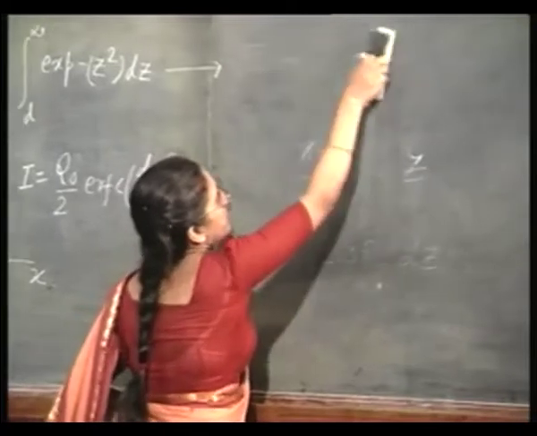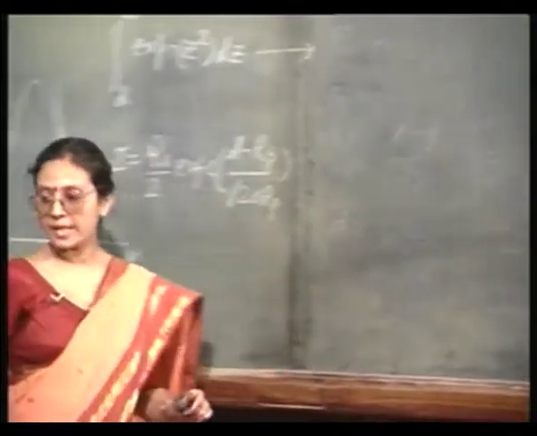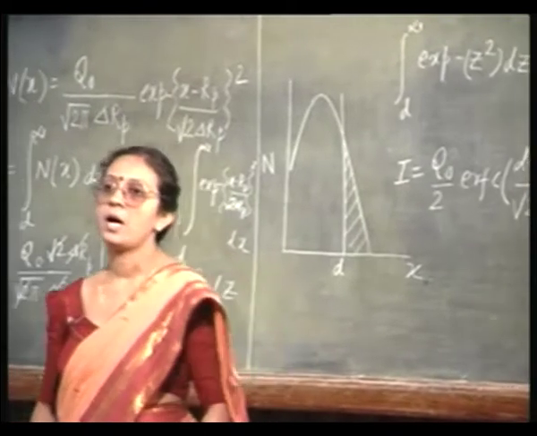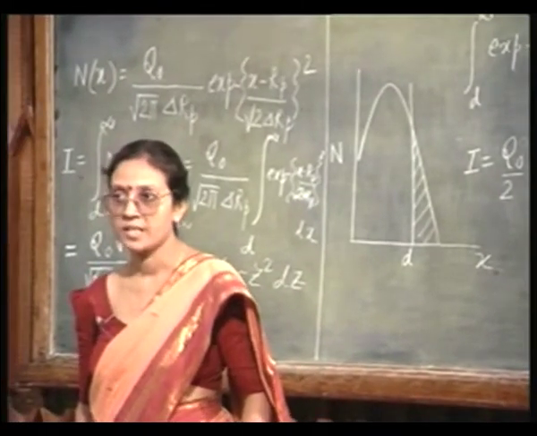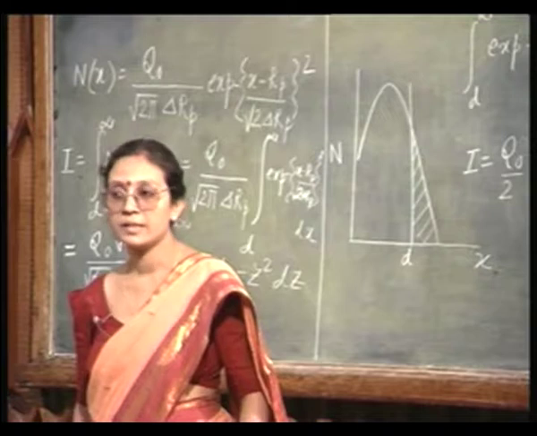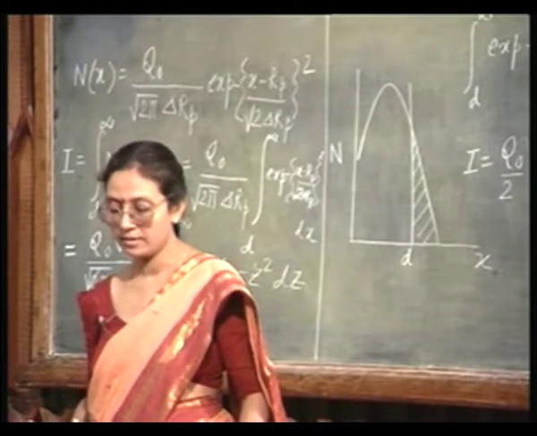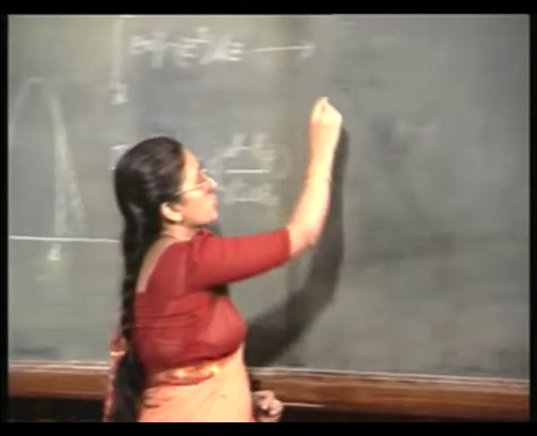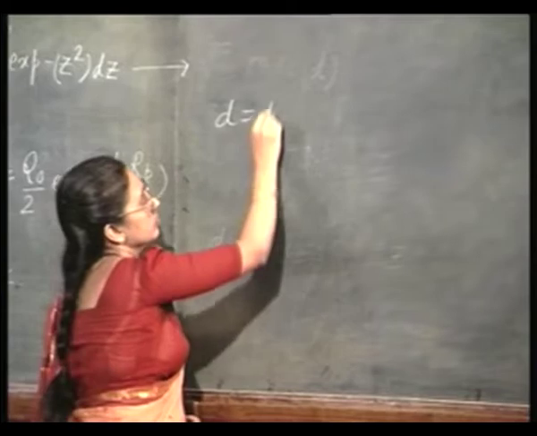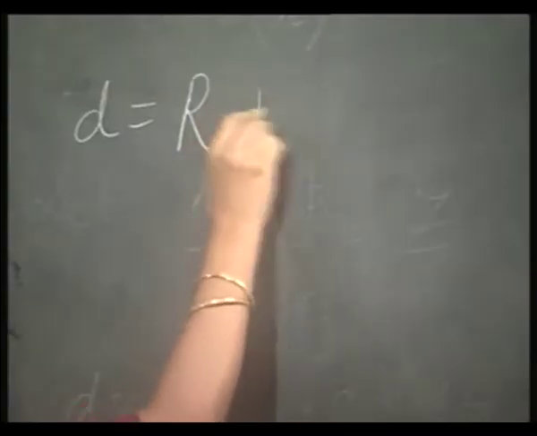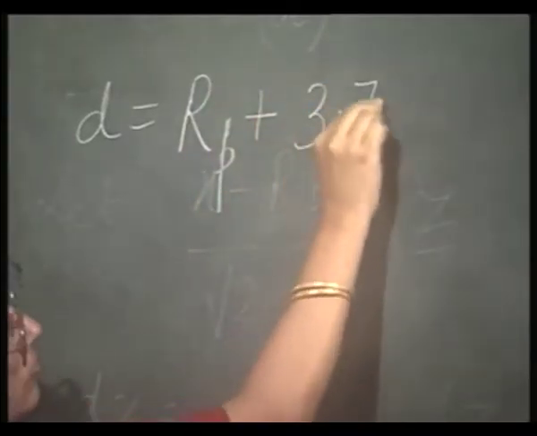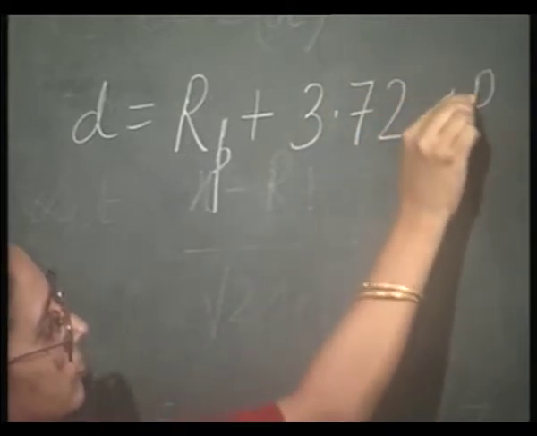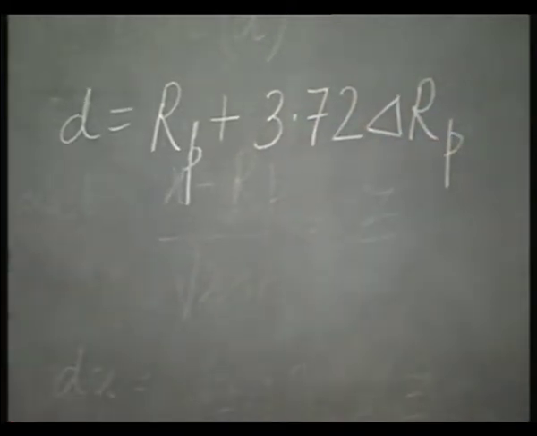That means if I have a mask layer thickness d greater than rp by a certain extent, let us say if I put, I have just pulled out a number from somewhere.